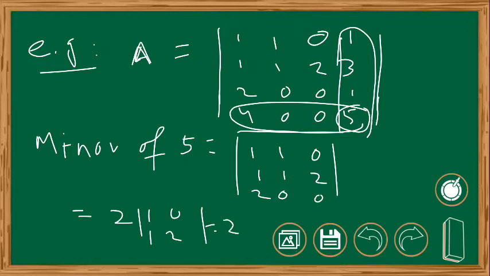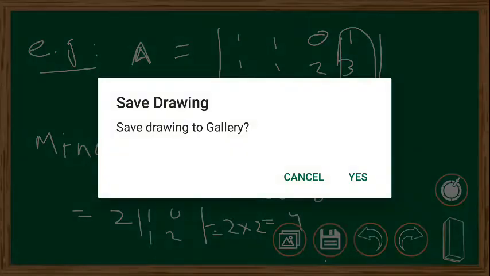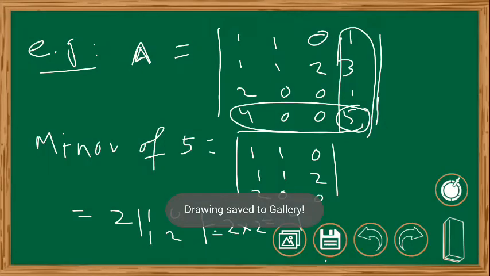This will be 2 multiplied by 2, which is equal to 4. So this is the minor of the element 5. So minor is directly related to just remove that row and column containing that element and take the determinant value of other elements.